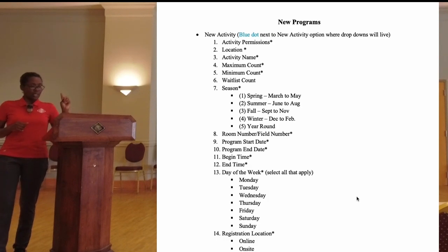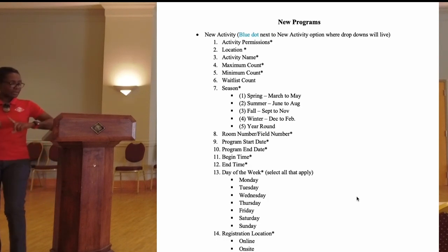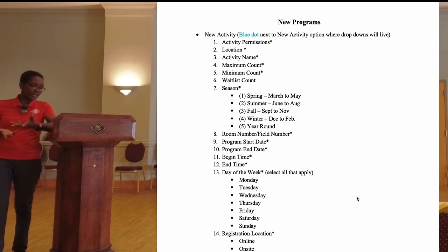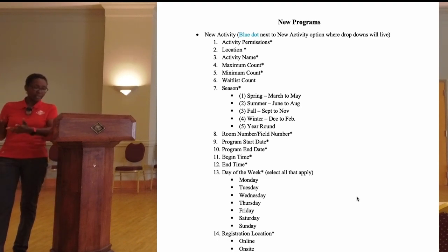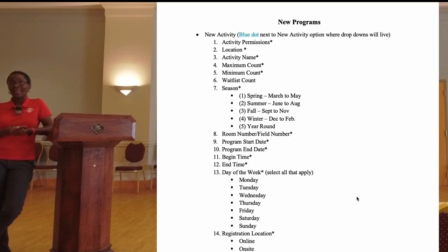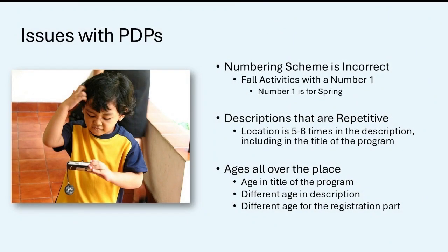So all programs, new and existing, will require a PDP to be submitted. Now I'm preaching to the choir because everybody in here does that. The people that I need to hear this, they're not in here. But the reason why we have to have a PDP for new and existing programs is because we're finding that the numbering scheme is incorrect.